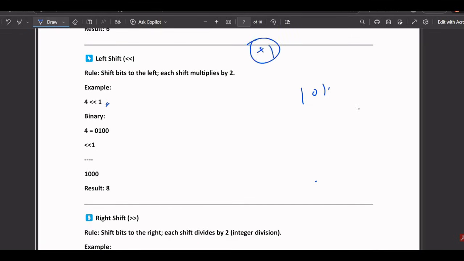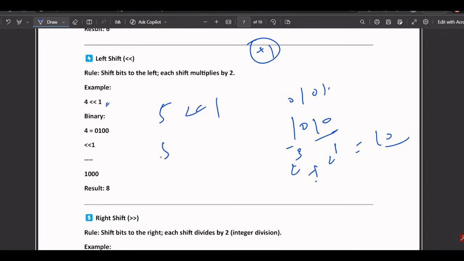So if you want to left shift, it will be 1010, and if you convert it, it is 2 to the power 3 plus 2 to the power 1, which is 10. So again, multiply by 2 to the power. So 5 left shift by 1 is 5 multiplied by 2 to the power 1, which is 10.